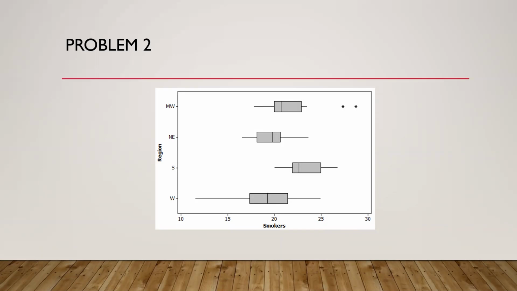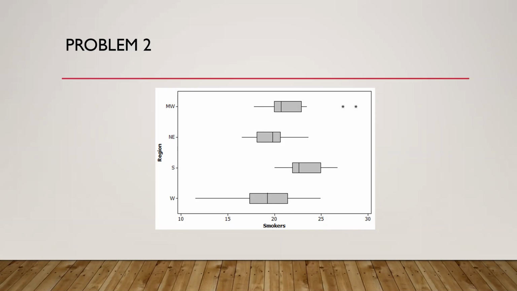So the first question is, in general, which region seems to have the highest percentage of smokers? What we're looking for is which box tends to be farthest to the right. And that looks to me like the South. So I would say the South tends to have the highest percentage of smokers.